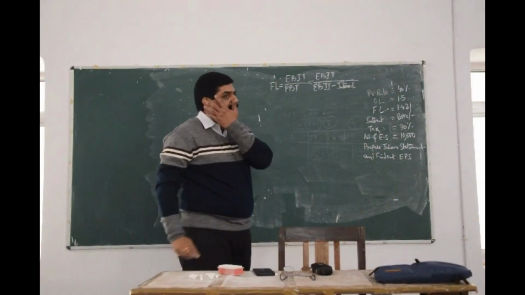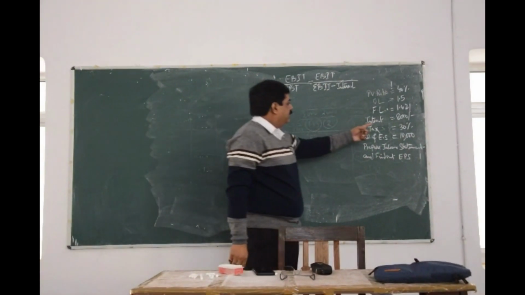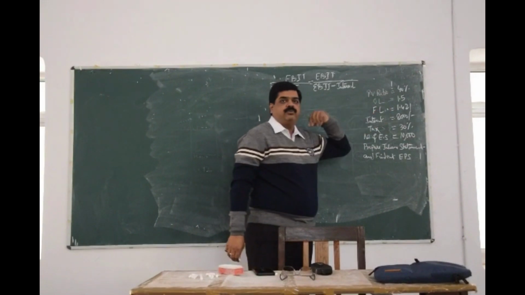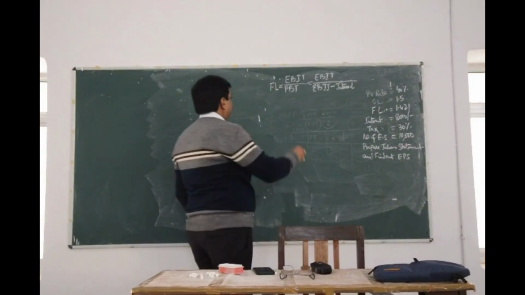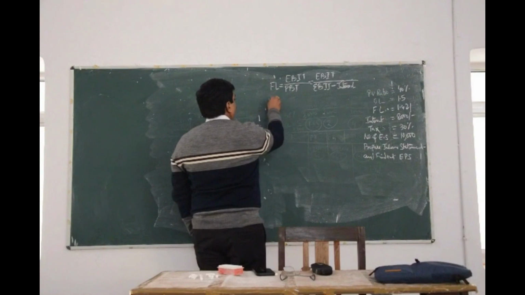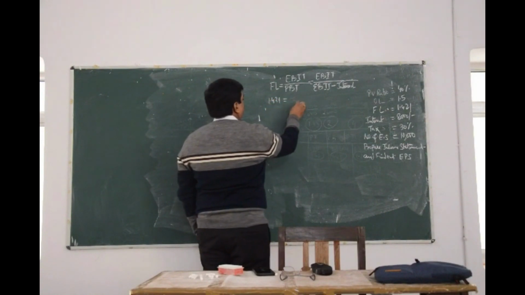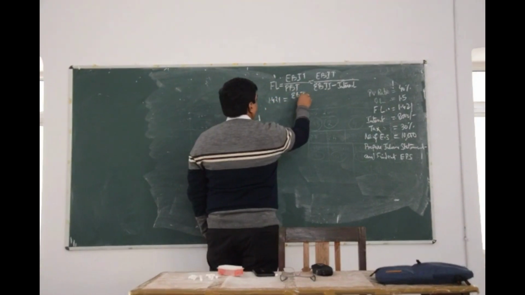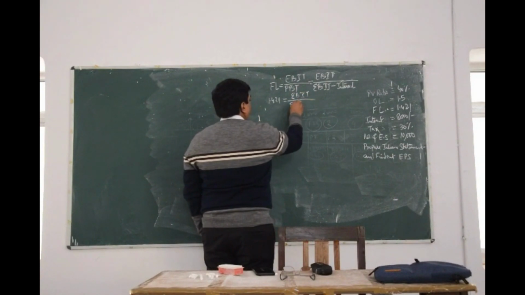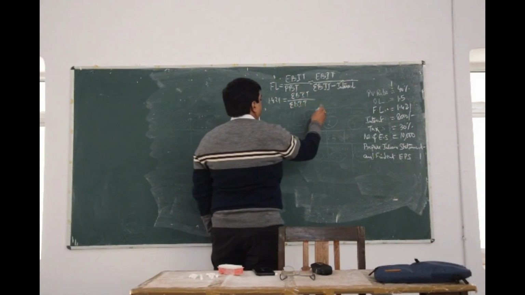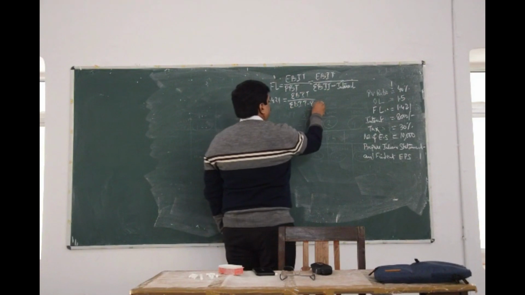Interest is given as 8,000 and financial leverage is given as 1.421. That means you can write it this way: 1.421 is equal to EBIT upon EBIT minus 8,000.